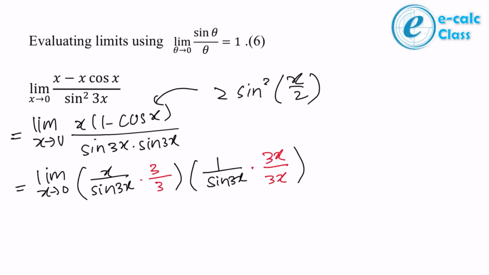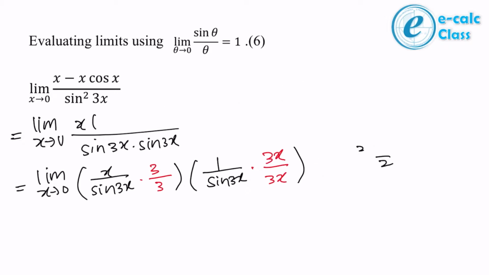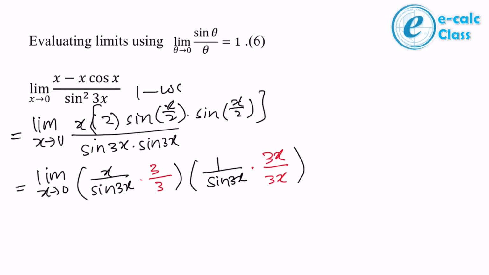This times 2 sine square x over 2, which is actually 2 times sine x over 2 times sine x over 2. The whole thing here is actually 1 minus cos x.